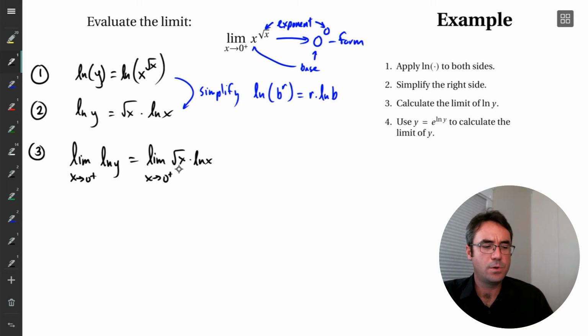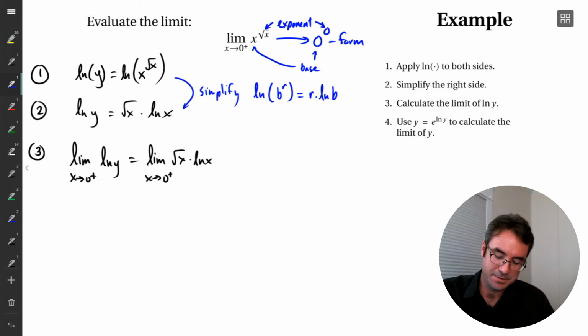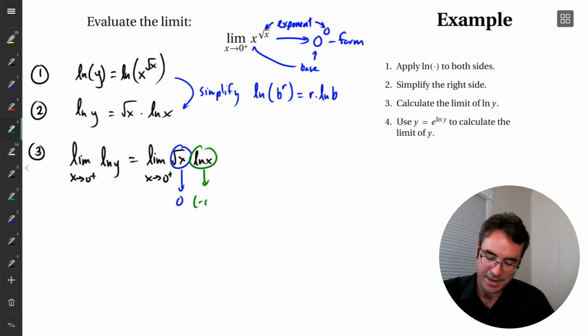And that kind of looks familiar. Square root x times natural log x. What is that? Well, this term here is getting closer to 0. And this term here is getting closer to minus infinity. This was an indeterminate product.